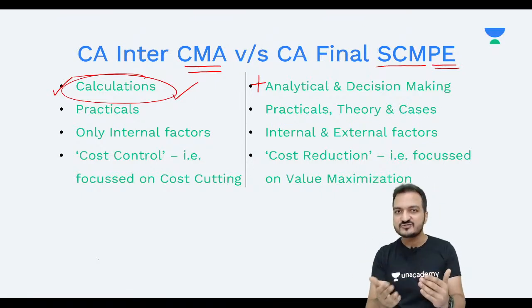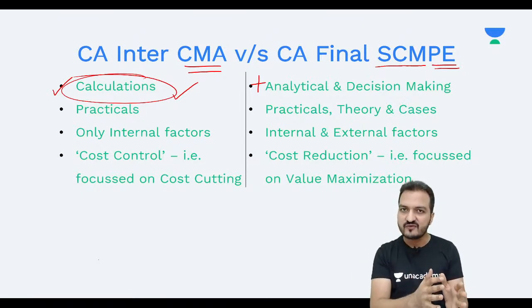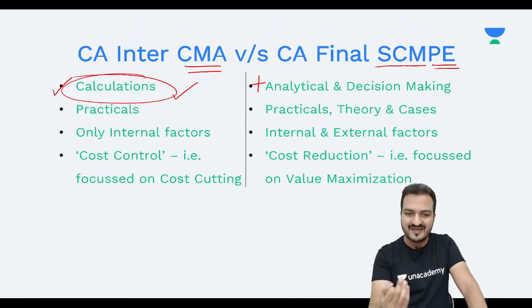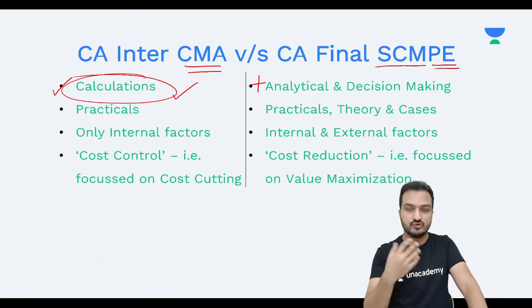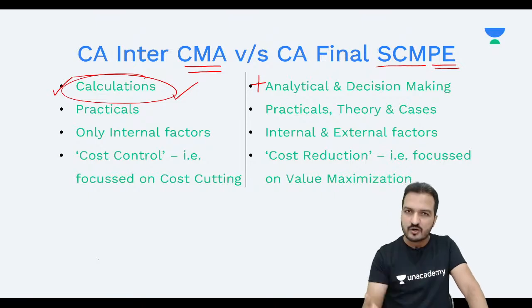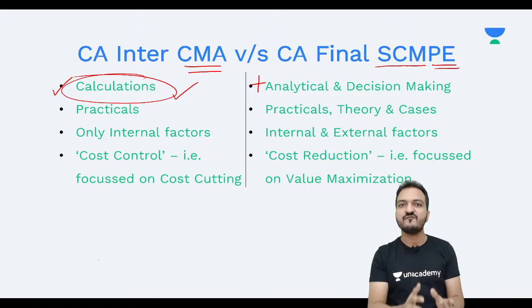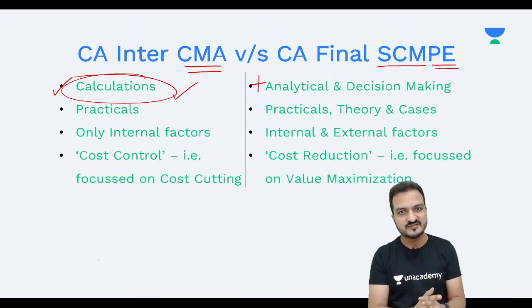Based on the break-even point, you need to recommend to the company whether it is reaching break-even point or not. If it is not, then what improvements can the company make? You have to give your recommendations in that.